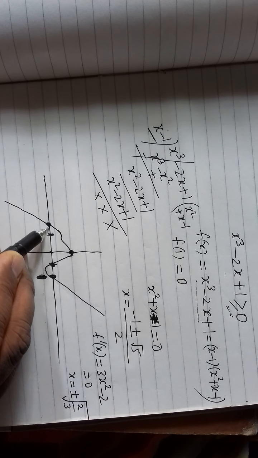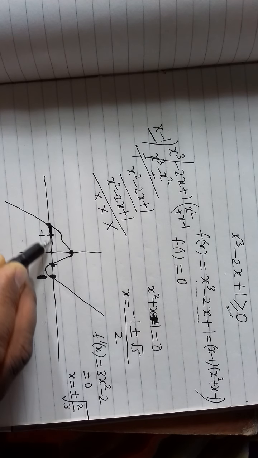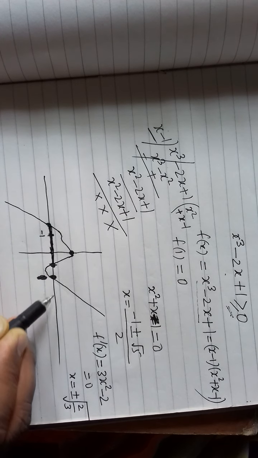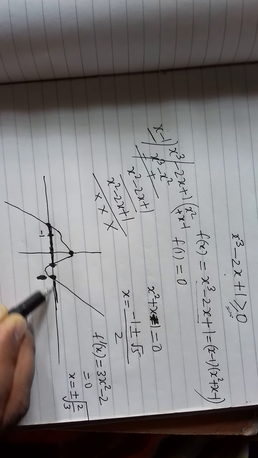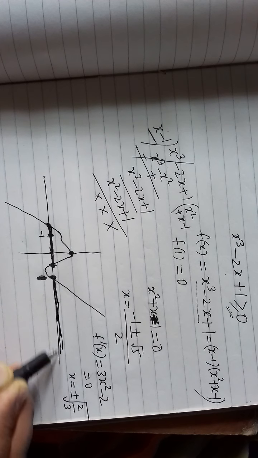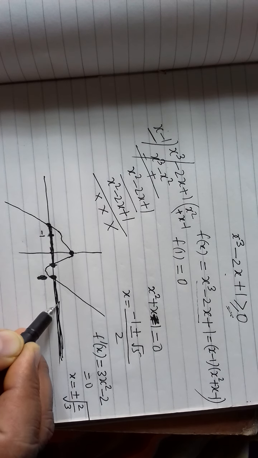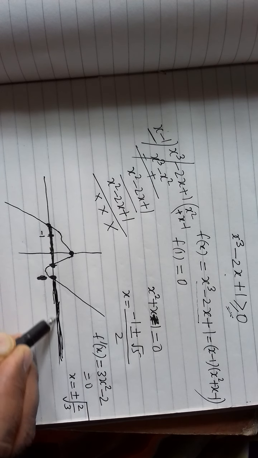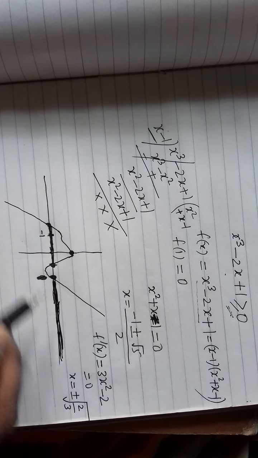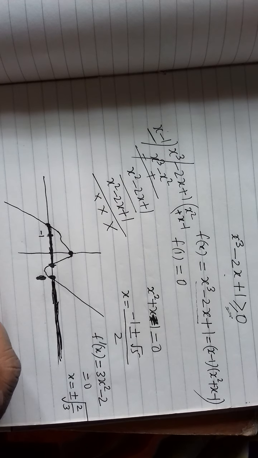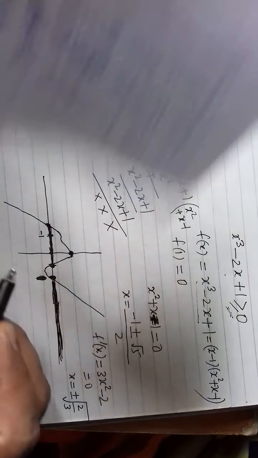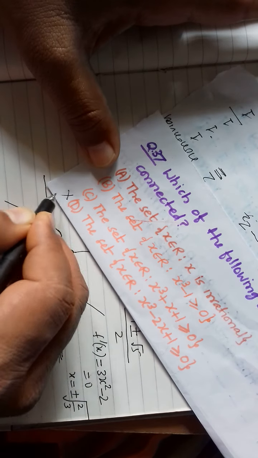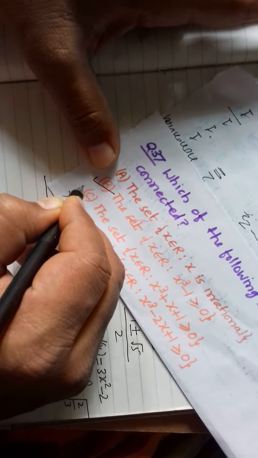So our set of x will be this interval and this interval, because here you see in these two parts the graph is above the x-axis, but obviously these two intervals are separated, so the set will not be connected. So D is wrong. So our correct options are B and C.